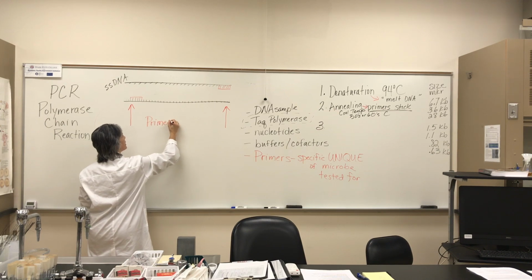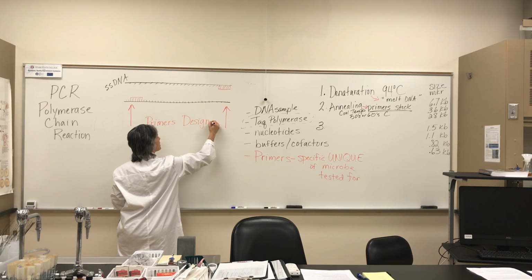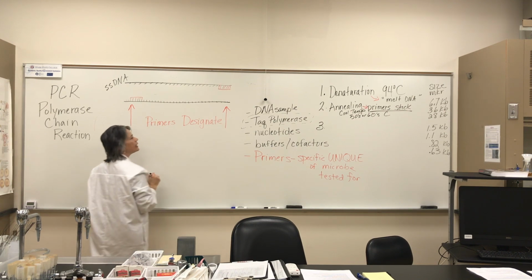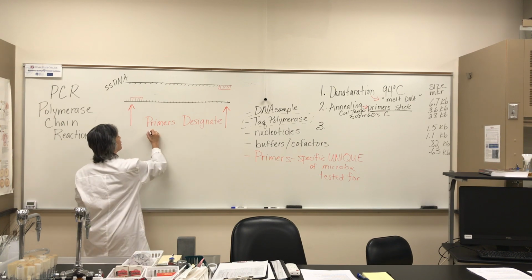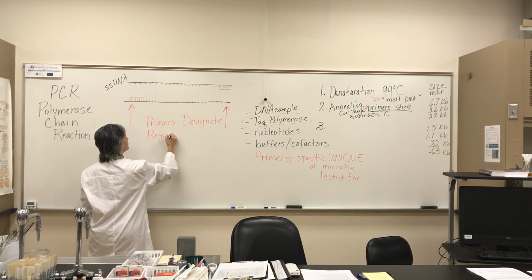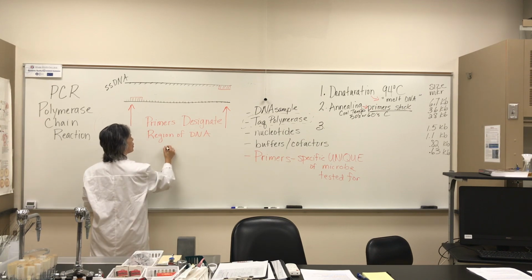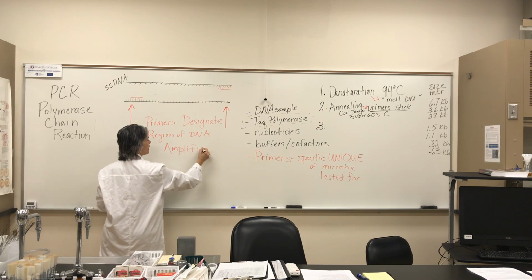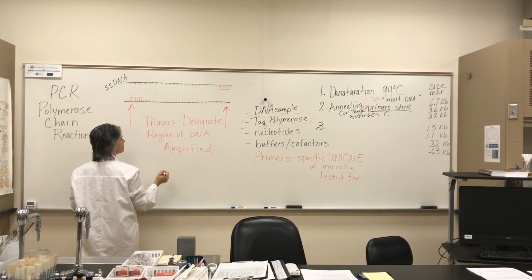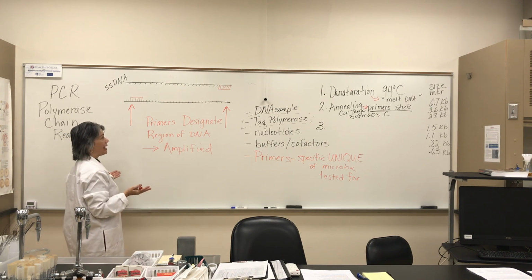So let me write that down. Primers designate, I've said delineate, I've said mark as a simpler word, the region of DNA that's going to be amplified in the PCR reaction. Okay? That's the magic.